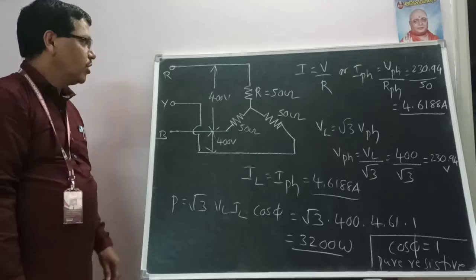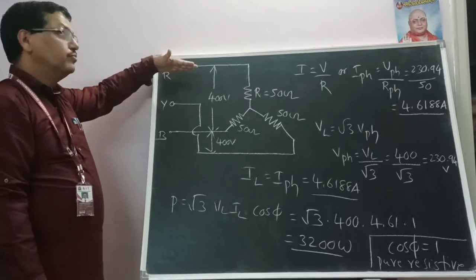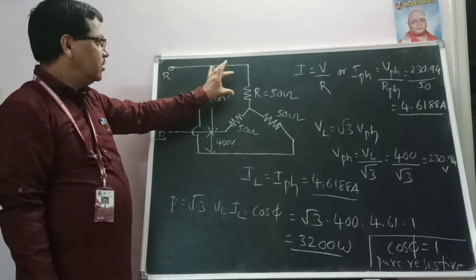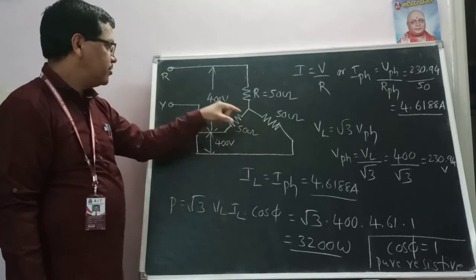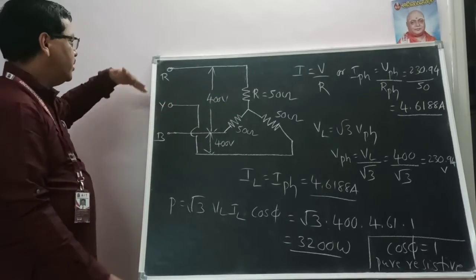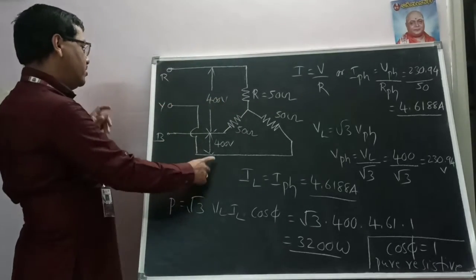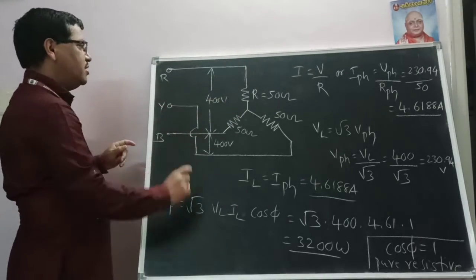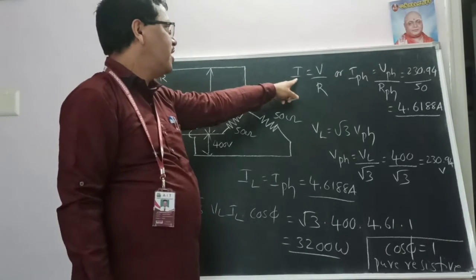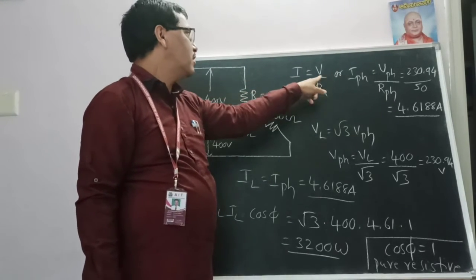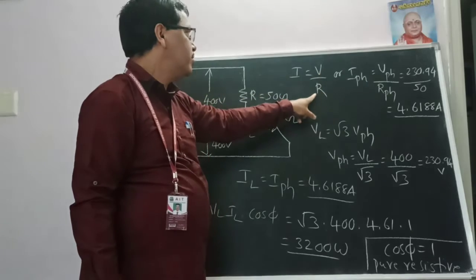As per the problem, this is the R value in one phase, 50 ohms, here 50 ohms and here 50 ohms. The line to line voltage is 400 volts, with the Y phase and the remaining B phase. First we need to calculate I is equal to V by R, or I phase is equal to V phase divided by R phase.